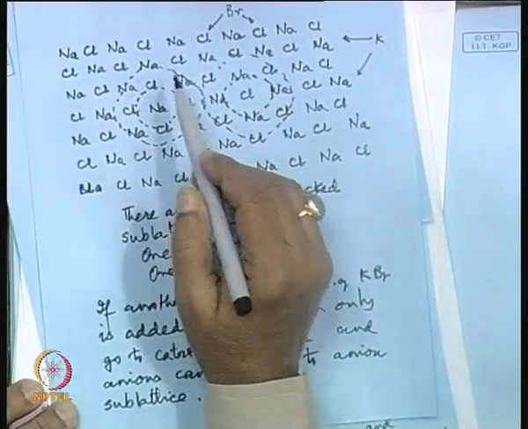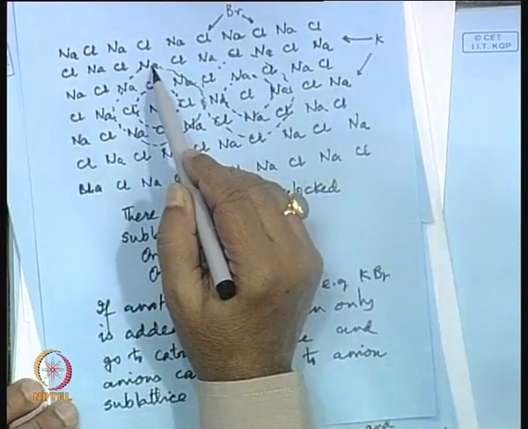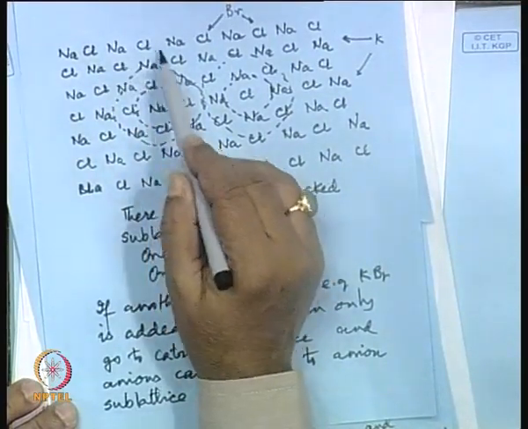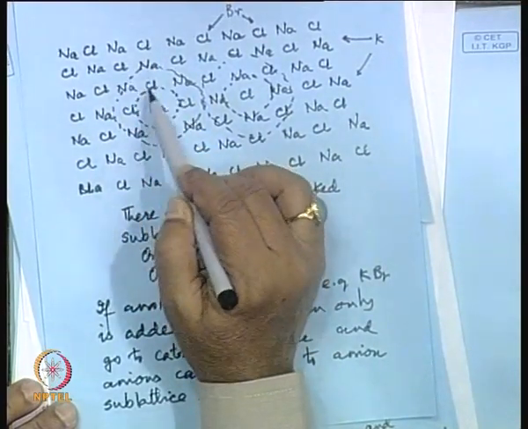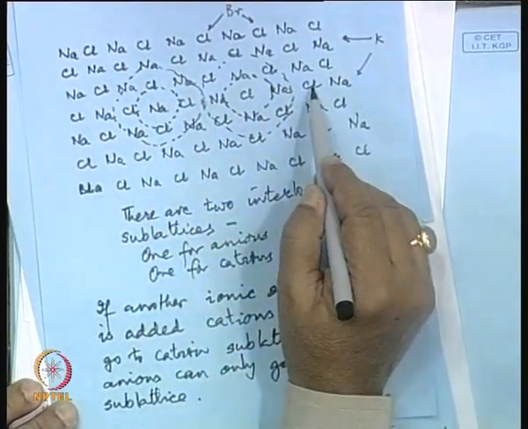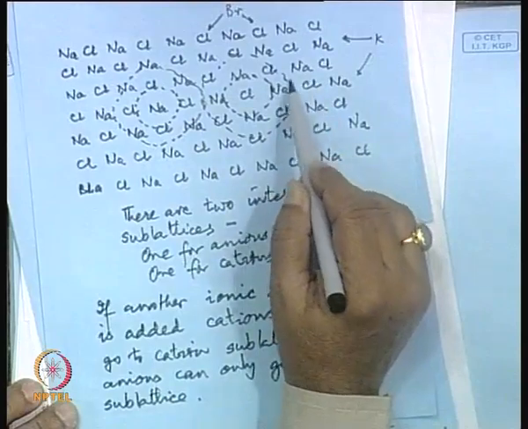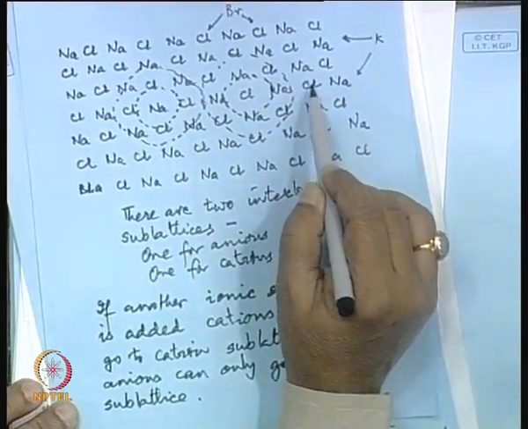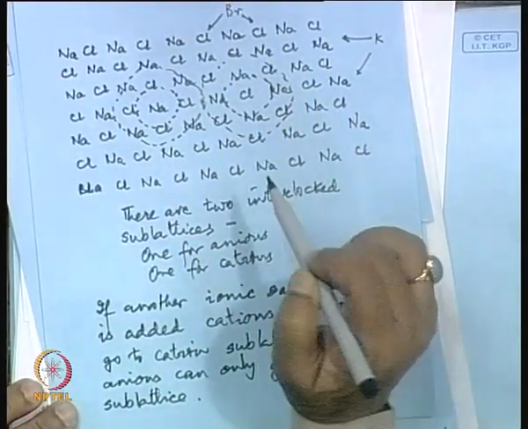Now, sodium chloride has a crystal lattice, and a two-dimensional representation is like this, that every sodium is surrounded by, in the first coordination, chlorine ions. Every chlorine is surrounded by sodium, and the other chlorine atoms come further down.